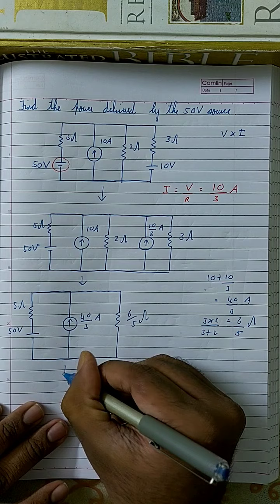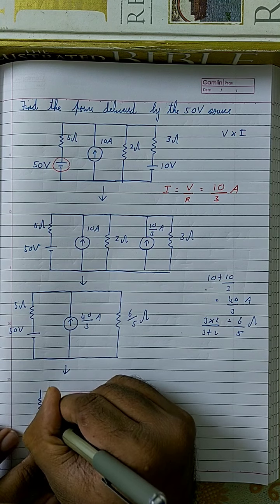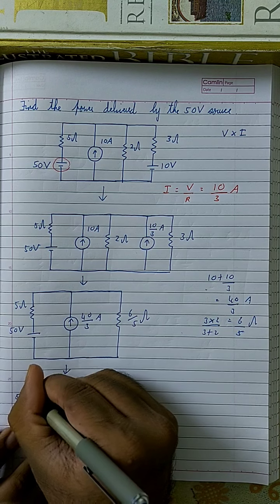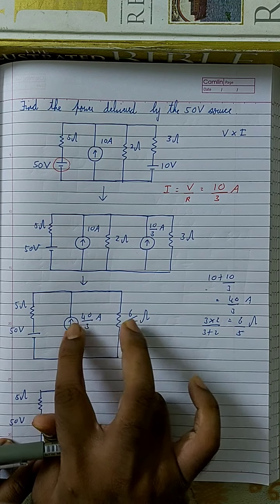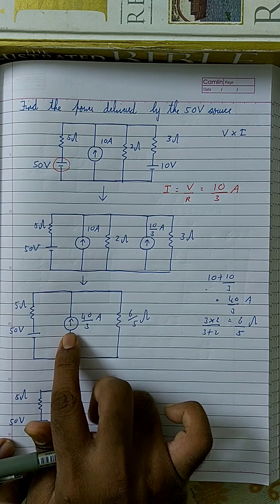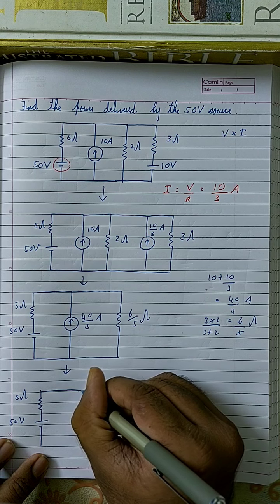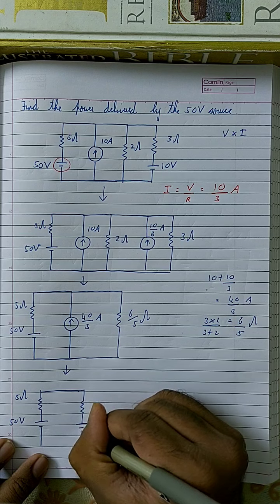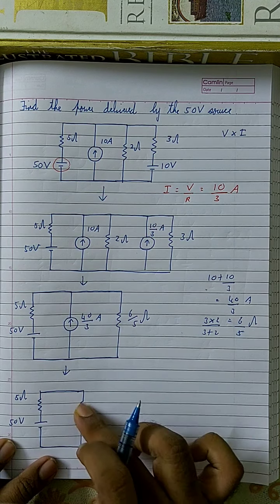Okay, so let me see how this looks. A voltage source, a resistor. This is the 50 volt, this is 5 ohm, and on combining these two elements, this is a current source in parallel with a resistor. I can now convert that into a resistor in series with a voltage source. What is this resistor?